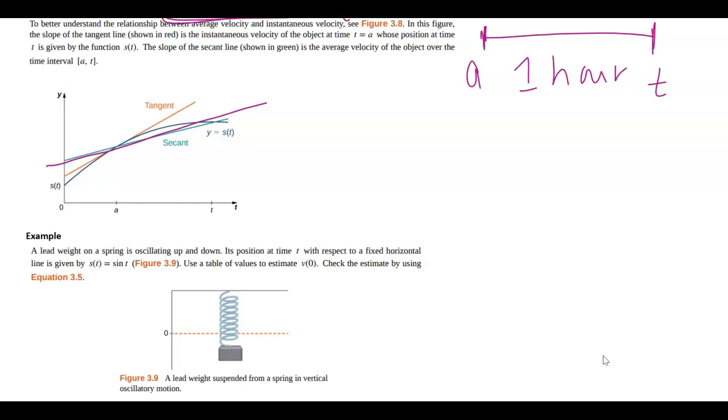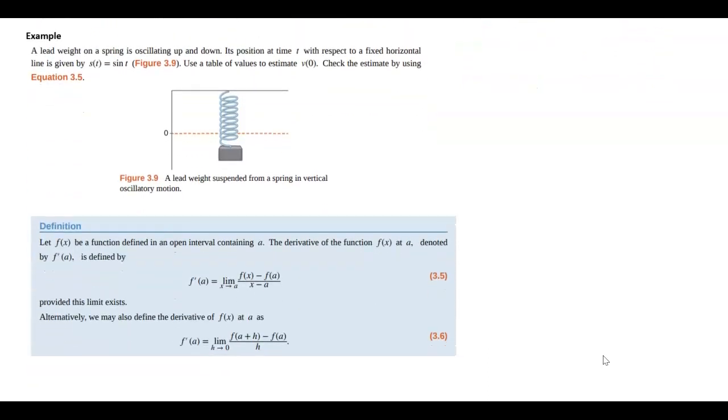So let's look at an example here. Let's say you have a lead weight that is on a spring and it's oscillating up and down. So one way that we can think about this position with time on a graph like this is, let's say it starts down here, but then the spring oscillates, right?